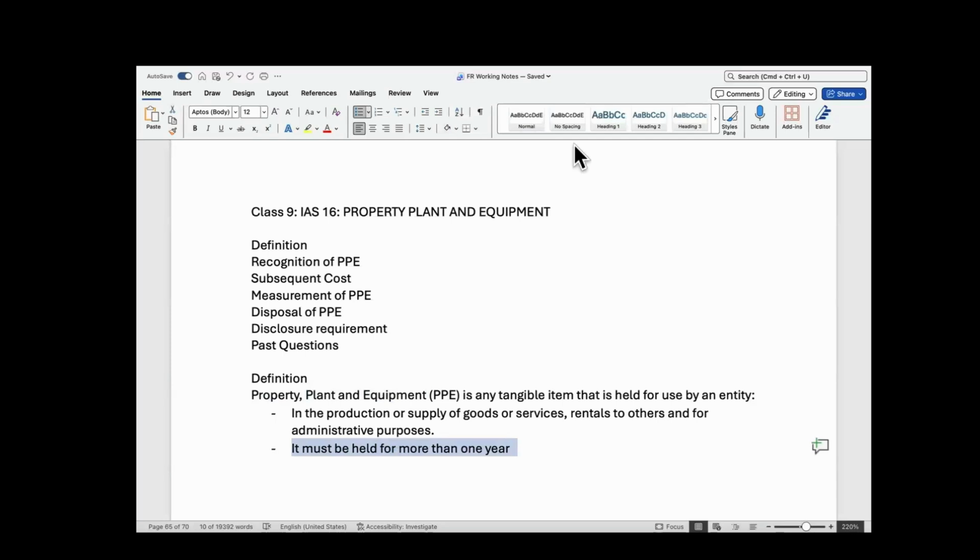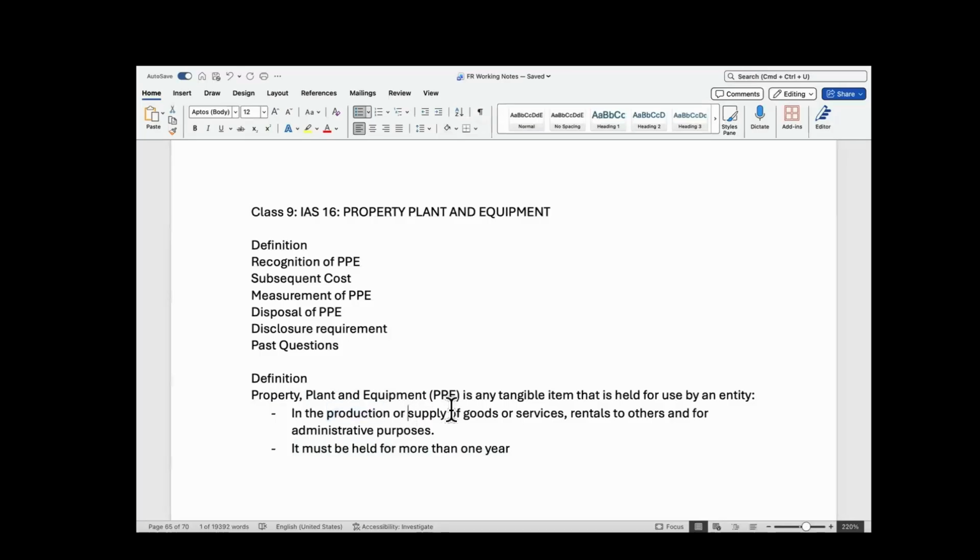There are numerous examples, a lot. The popular ones we know, in terms of for production, we're talking about your heavy machinery or plants that you use in a factory, or your equipment.